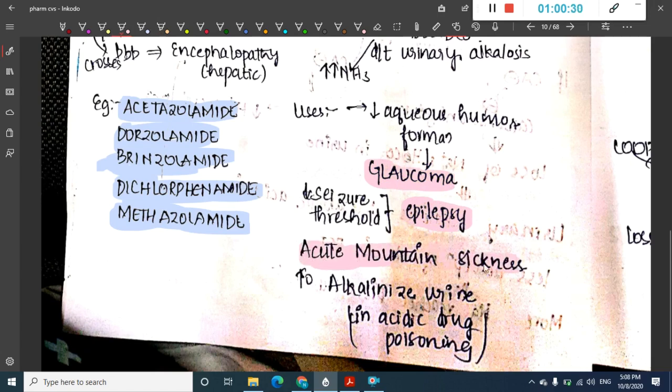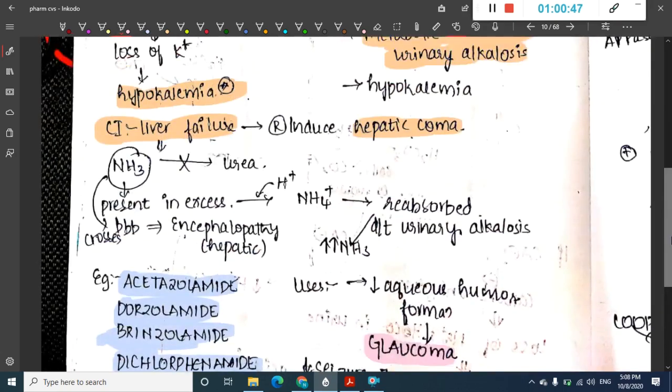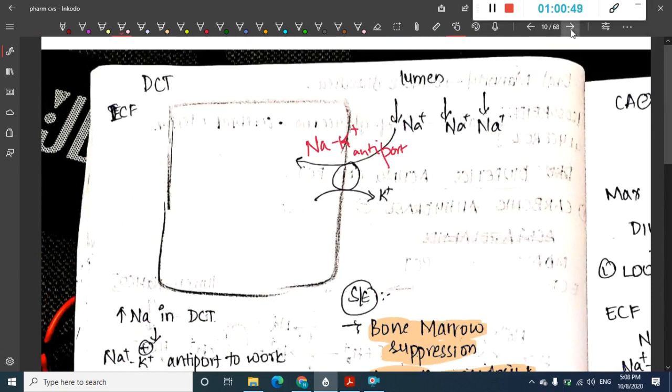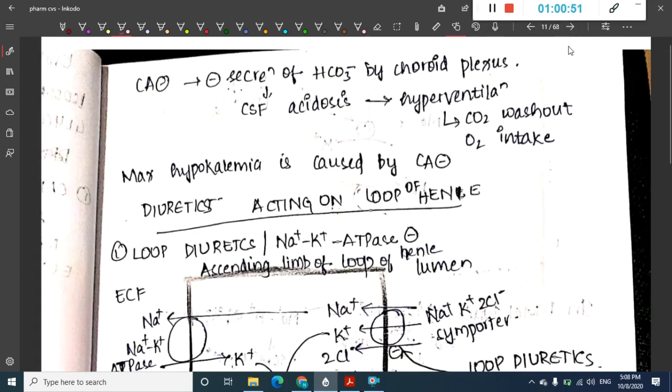They are also used in mountain sickness. And they are used to alkalinize the urine, because by excretion of bicarbonate, the urine is alkalinized. So these are the uses of these carbonic anhydrase inhibitors. These carbonic anhydrase inhibitors also inhibit the secretion of bicarbonate by the choroid plexus.